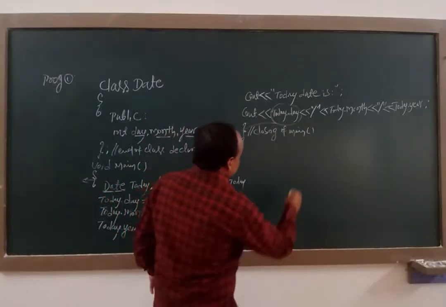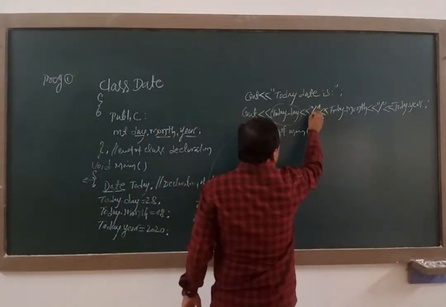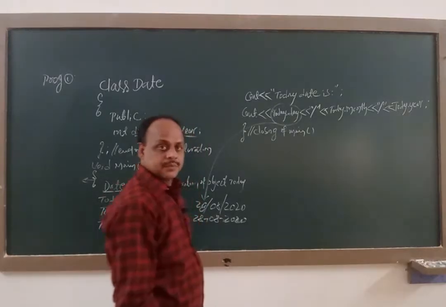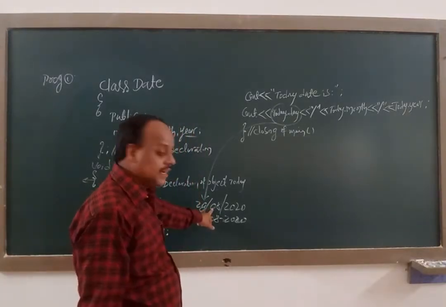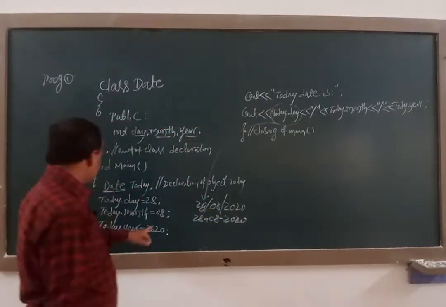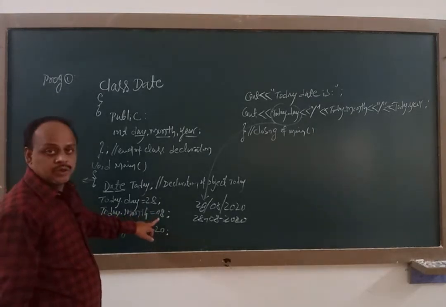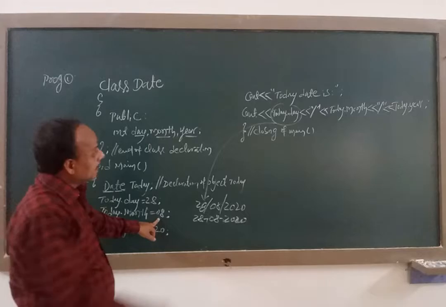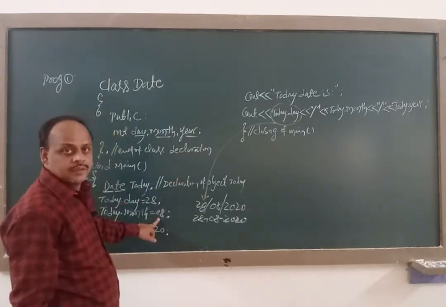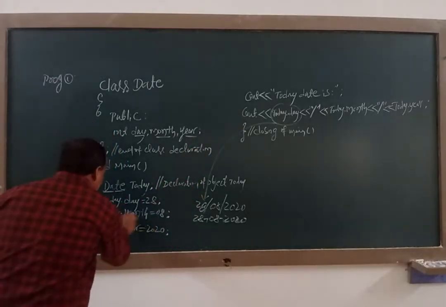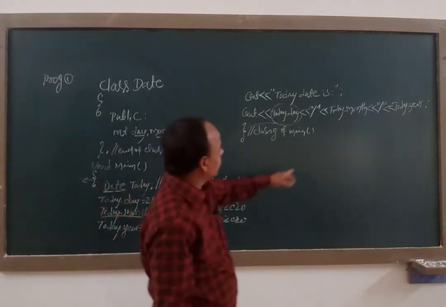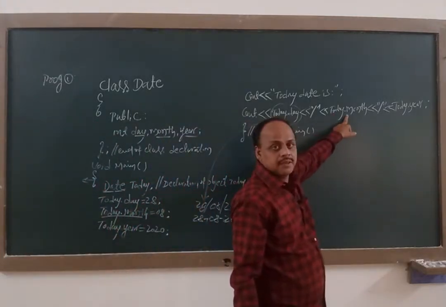That's why I wrote this slash, and afterwards I have to print 08, because today.month holds 08. To get that 08, I have to take today.month.